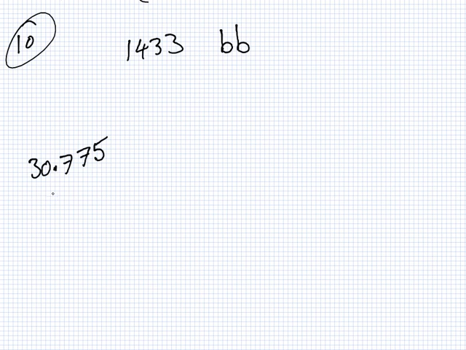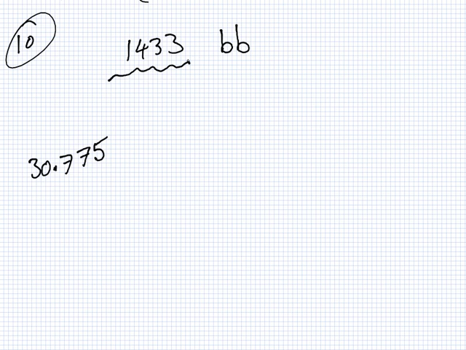This is how much oil the planet will use. Now if you look, that's great, because we have 1,433 and we only used 30 this year, so how many years should it last?